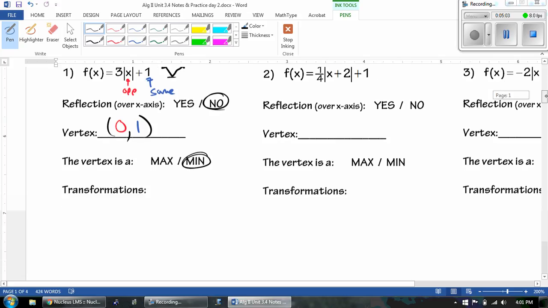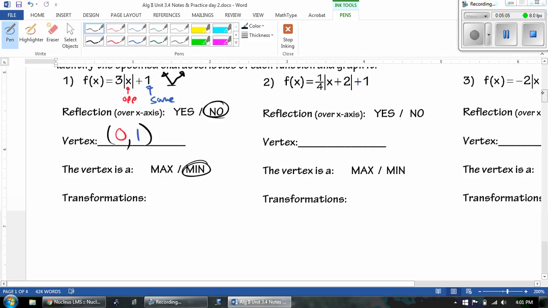So our transformations, we would say that there's no horizontal shift. Our vertical shift right here, that's telling us to go right one.